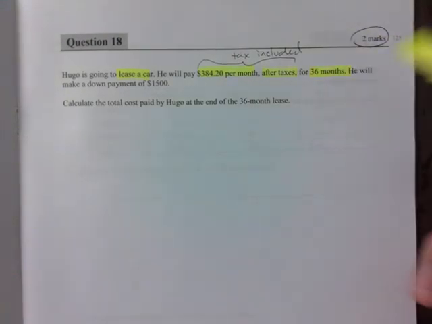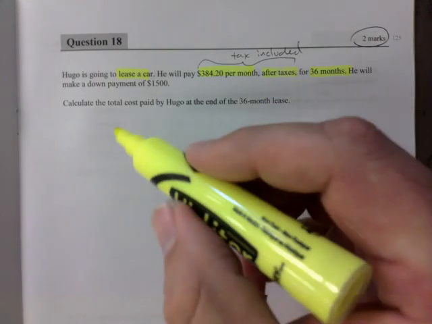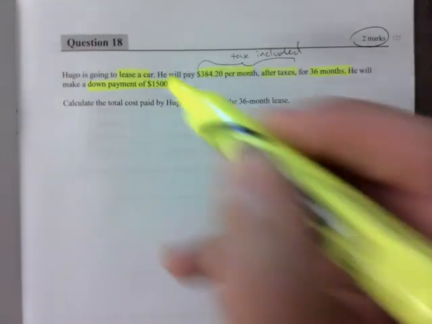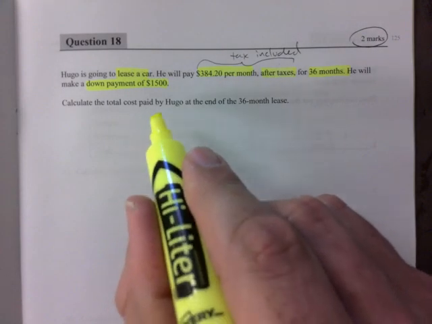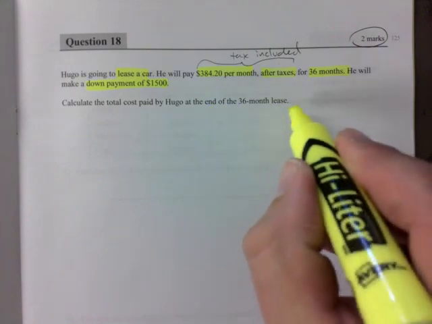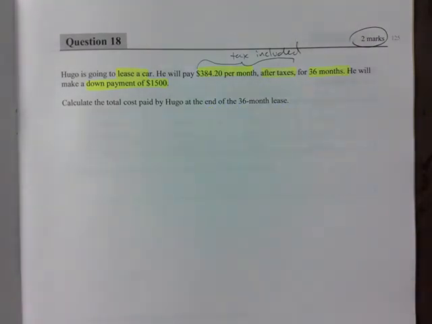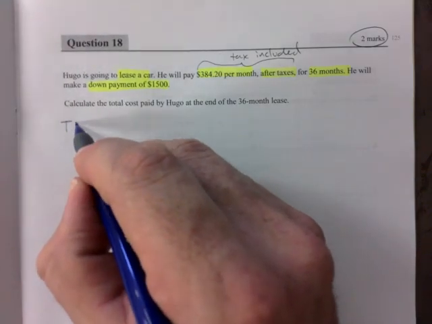36 months is the lease. That's the term. He will make a down payment of $1,500. Calculate the total cost paid by Hugo at the end of the 36-month lease. You have this formula most likely.